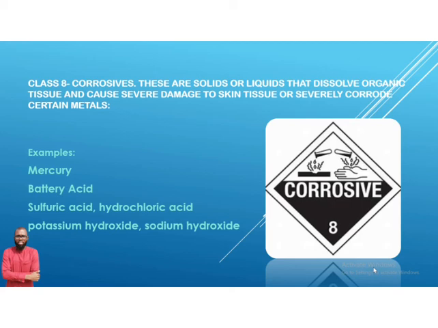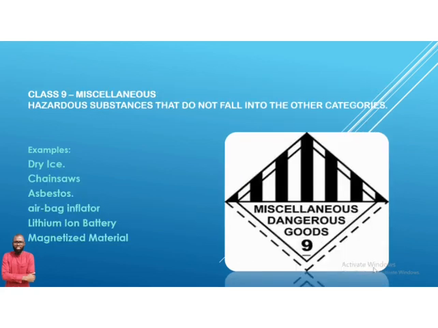Examples are sodium hydroxide, that is a base, alkaline, and potassium hydroxide. So that is the hydroxide, the negative ion OH-. Science students will understand this better. But basically, when you see this label, you know that this kind of chemical is very dangerous and could cause serious damage to the environment, to humans, to properties, and to health.